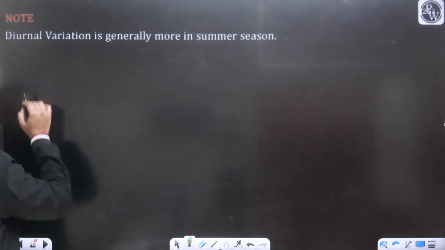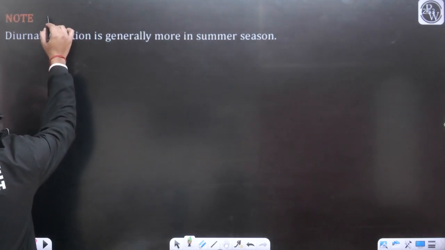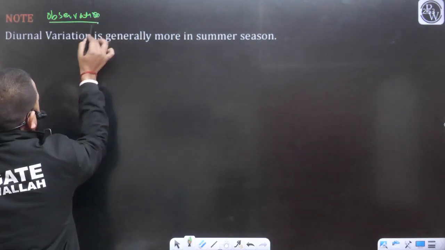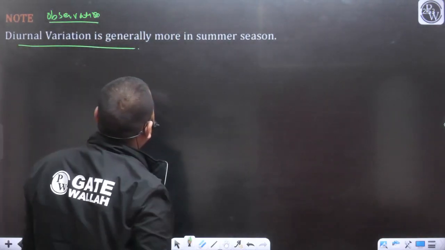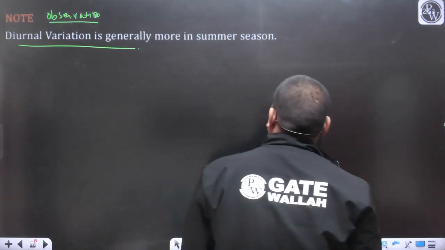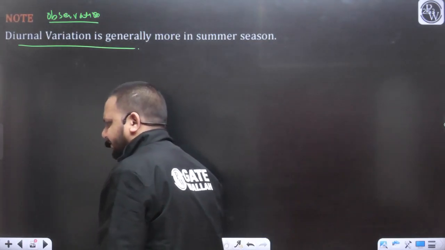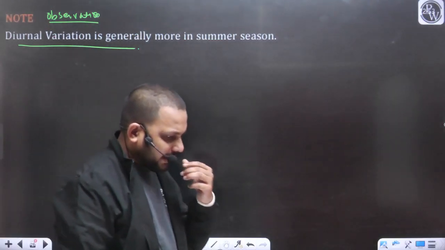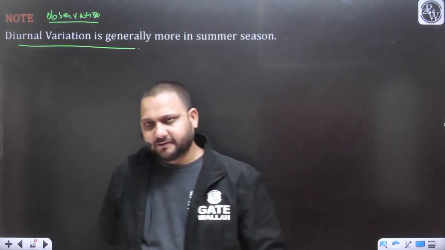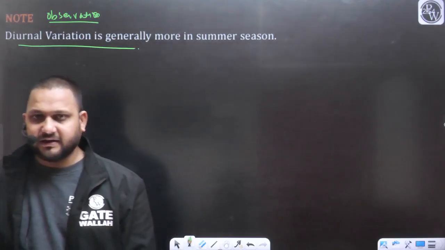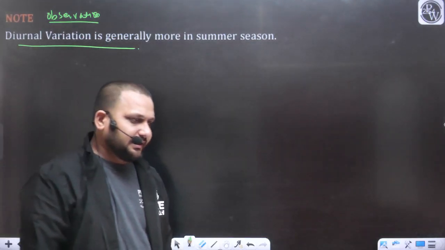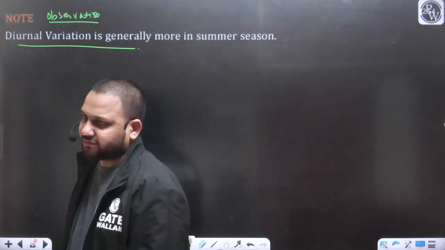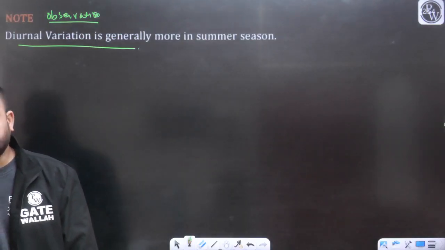A simple observation that you need to remember is that diurnal variation is more in the case of summer. If we compare summer and winter, at any place it has been observed that the daily basis variation, the diurnal variation, is going to be more in summer as compared to winter.